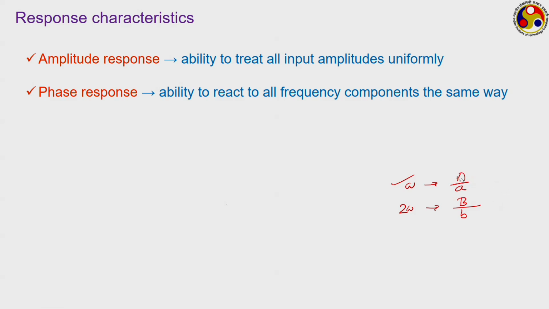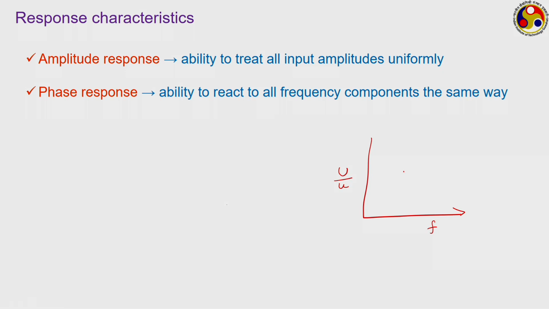When the system is showing a constant gain for all the frequencies it is subjected to, we have an ideal kind of phase response, but similar to amplitude response, that is also not always true. Suppose we plot frequency on one axis and this gain, that is output by input, on another axis.